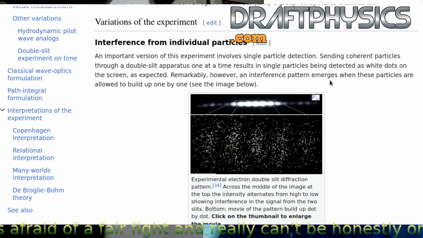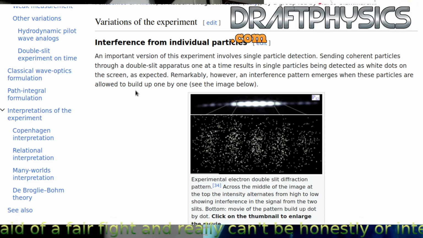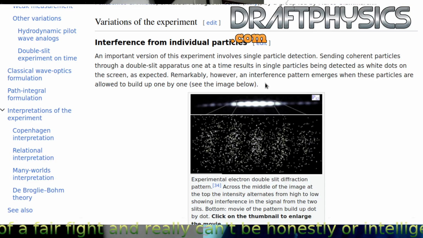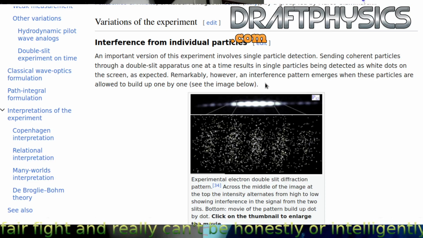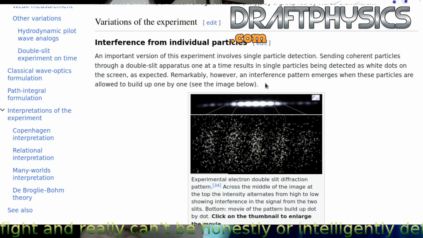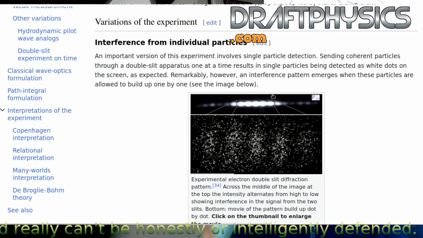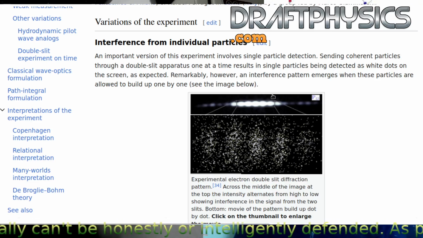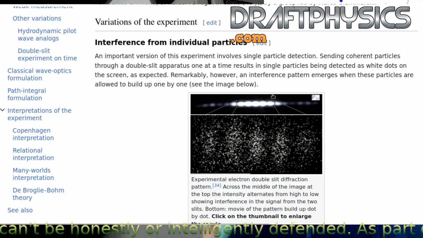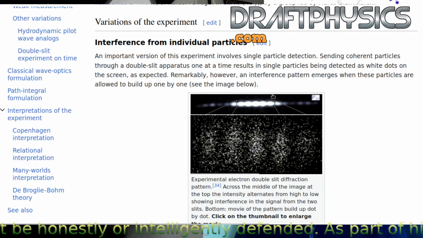However, an interference pattern emerges when these particles are allowed to build up one by one. So there's a famous video, Veritasium did the experiment. He tried to do it over a large period of time because that's guaranteeing there's fewer photons in your experiment, and it didn't work. Couldn't get it to do this.